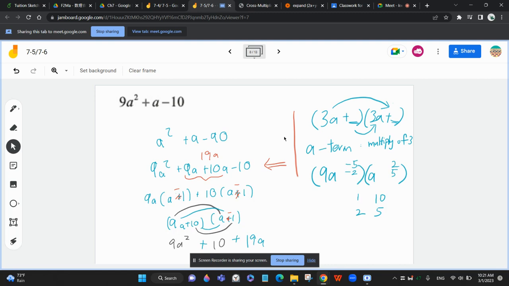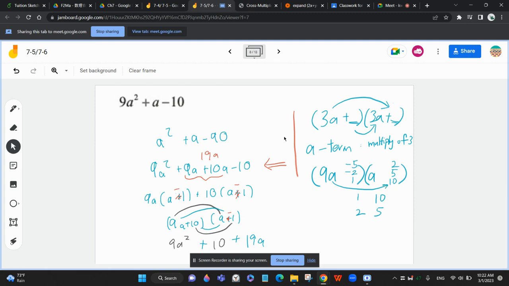But it's also not matching the 1a. So if 1 is over here, 10 is over here, it will also not match because 9 times this 10 will be 90, which is very large.